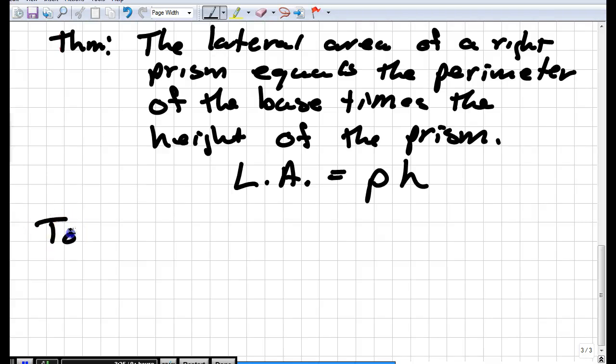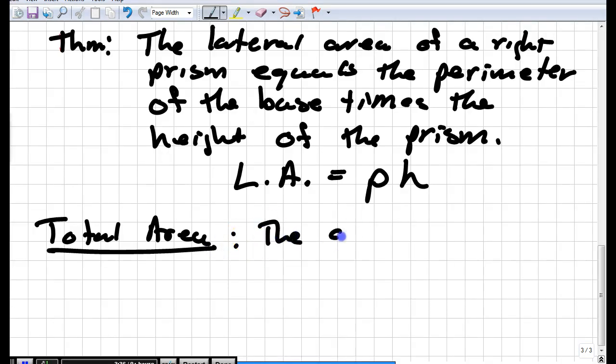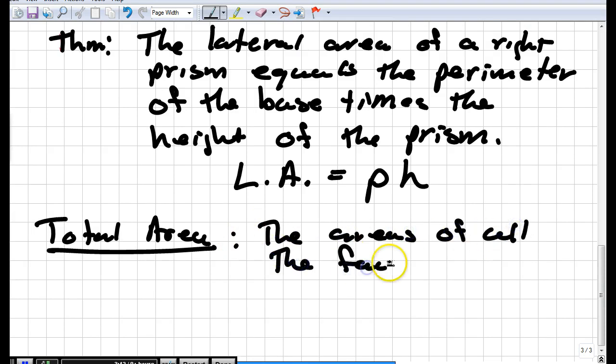Then we have what's called total area. Total area is defined as the areas of all the faces. In other words, the area of the lateral faces and the two bases.